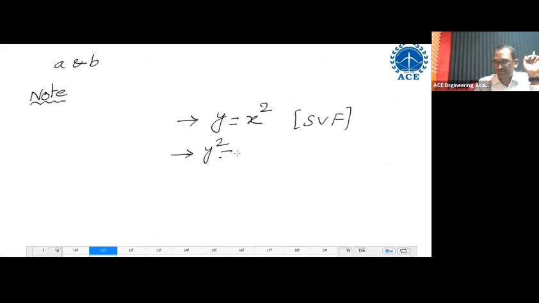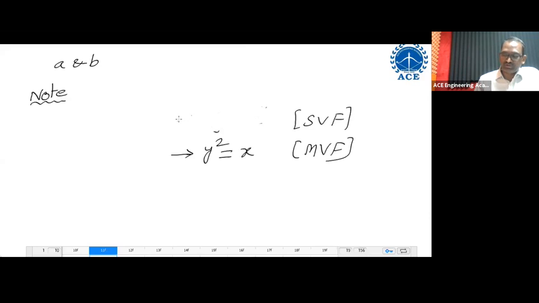Multi-valued function means for one x value, there exists more than one y value. Suppose x is equal to 1, then y squared is equal to 1, y is equal to plus or minus 1. So it is a multi-valued function. So the intermediate mean value theorem is valid only for single valued functions. So remember that.